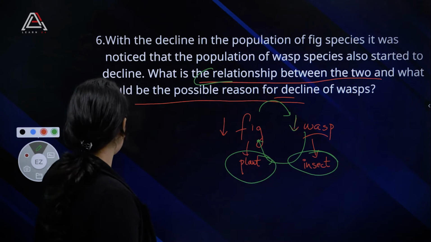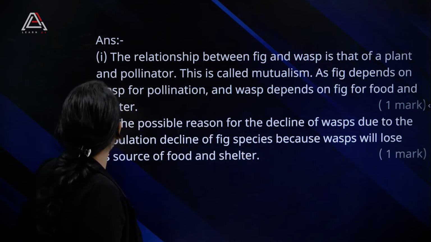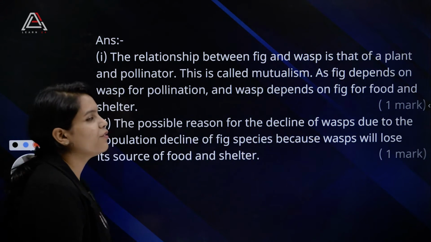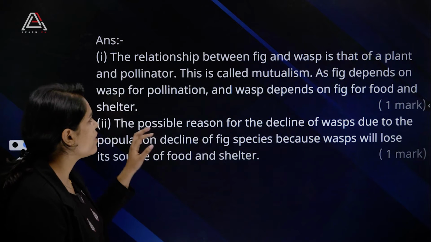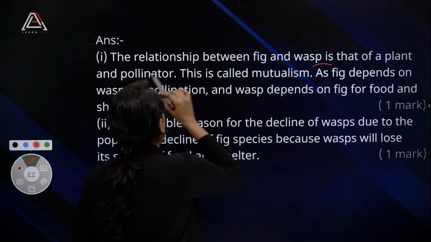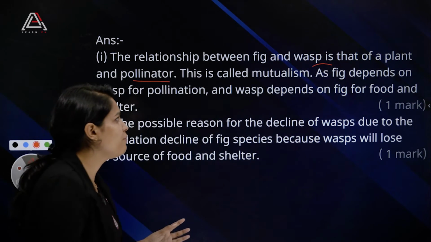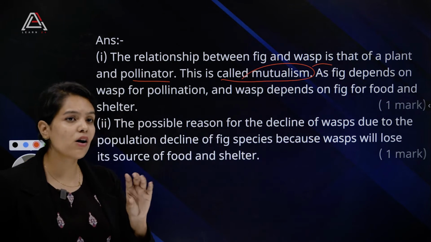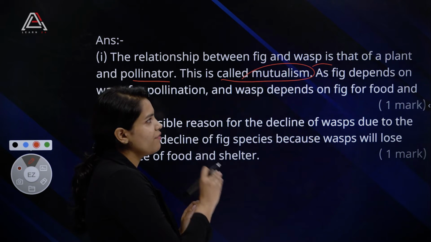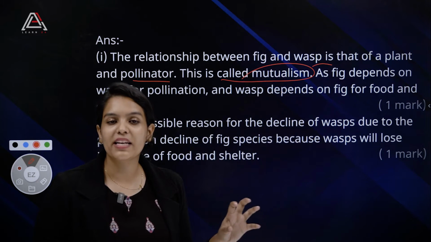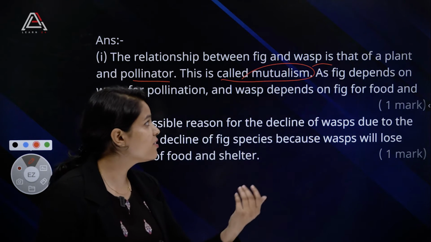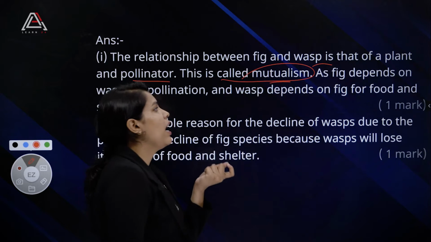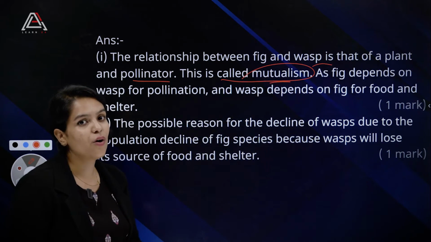All right. Okay, moving on to the answer. Let's see if the information which I have given to you is provided in the answer. So they are talking about the plant and the pollinator. Fine, perfect. They have mentioned mutualism, very important. If you have mentioned the plant and the pollinator, try to explain what sort of relationship they have, that is mutualism, and what is the dependency of both of them.